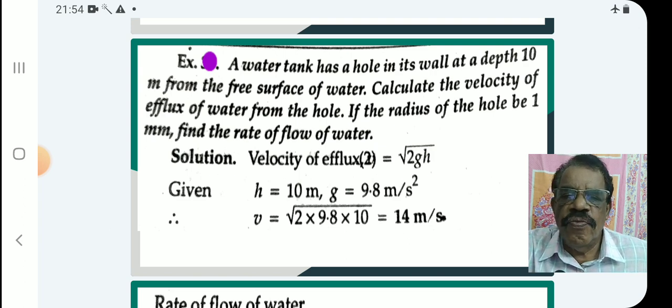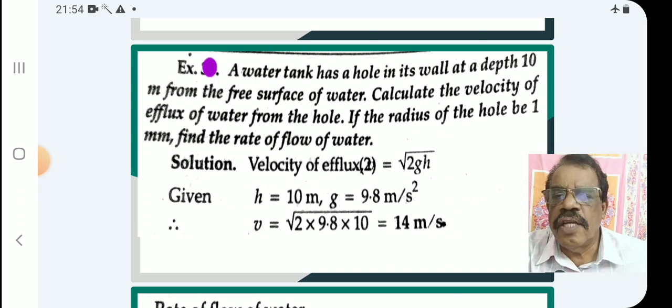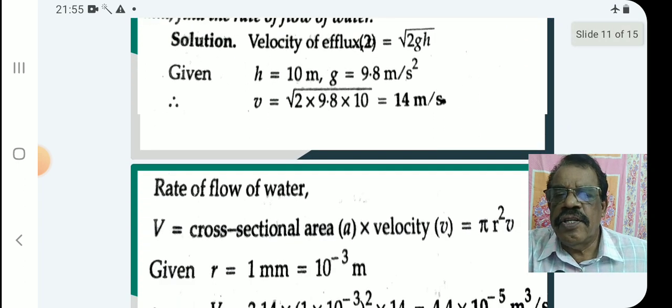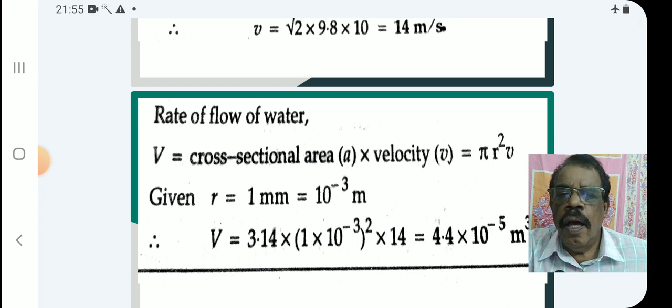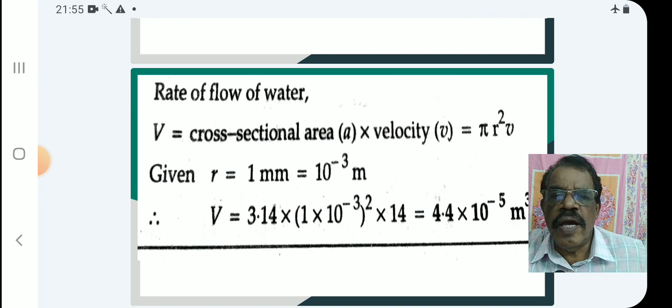Velocity of efflux, velocity of liquid at the orifice, V is root of 2gh. That is the equation. H is 10 meter, g is 9.8. So root of 2gh, root of 2 into 9.8 into 10, about 14 meter per second. The rate of flow is AV, and A is the cross-section area of the orifice, so pi r square.